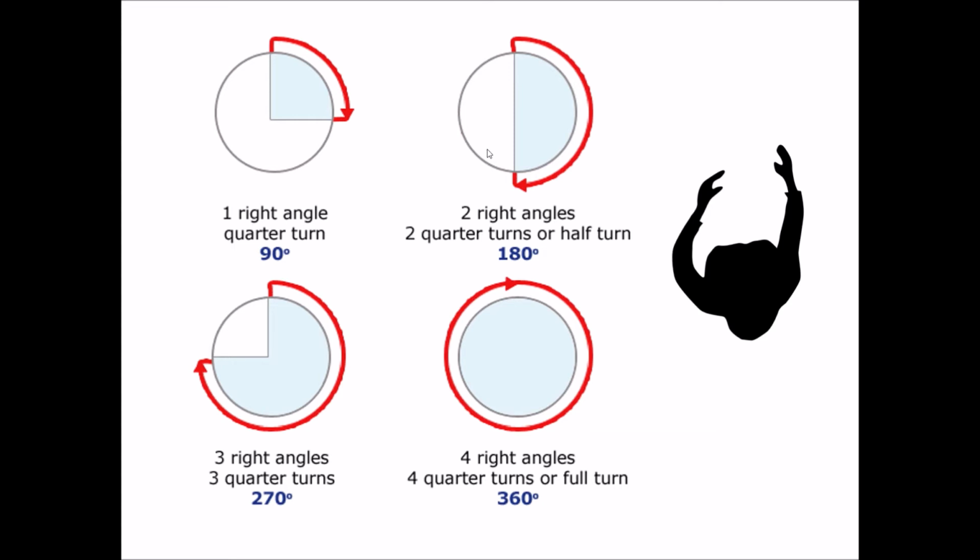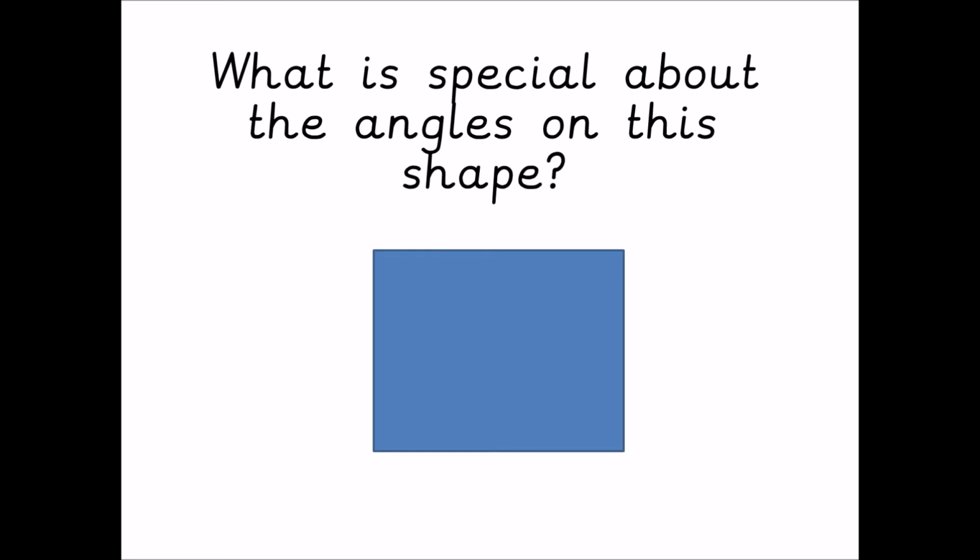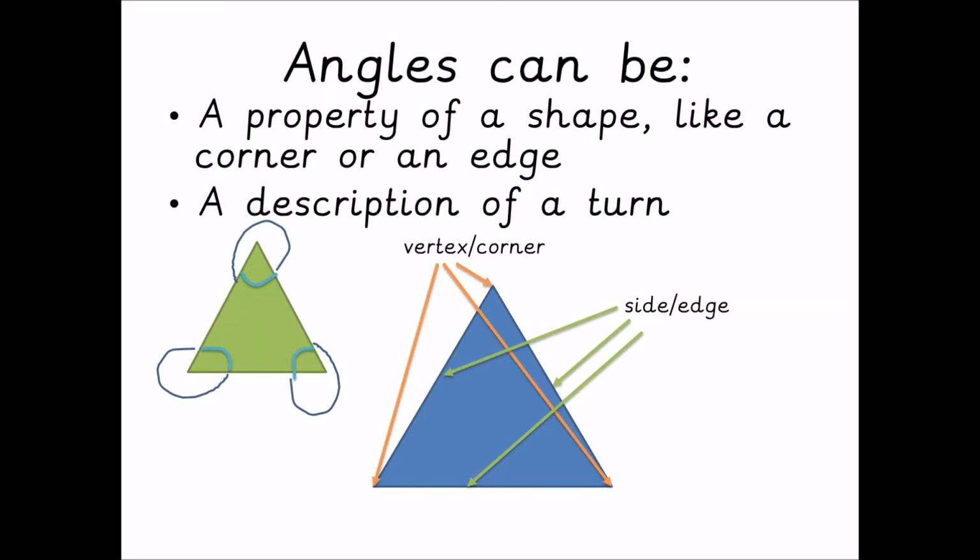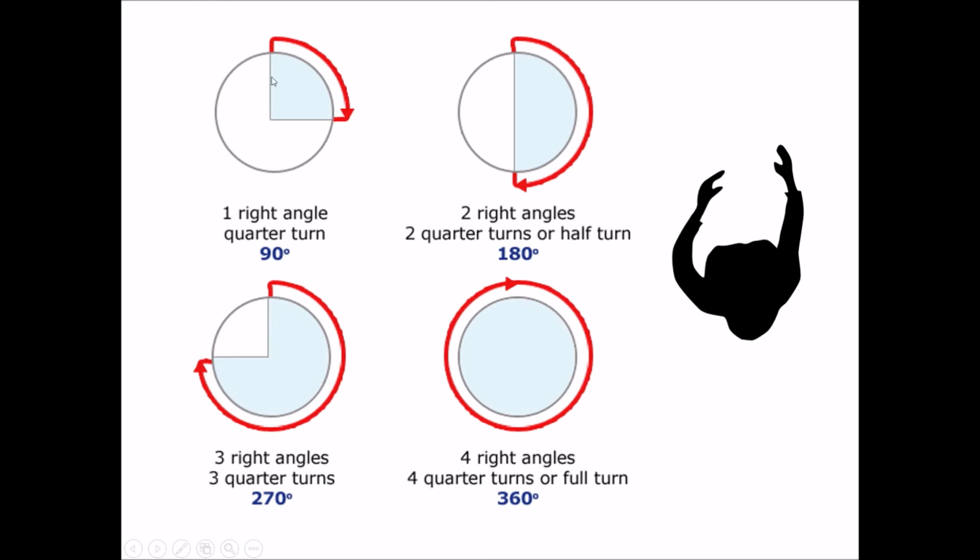So we could say that this young woman turns 90 degrees, and that would tell me that she's turned a quarter of the way around. So suffice it to say, angles can be a part of a shape, a property of a shape, or they can be a way to describe how someone is turning.